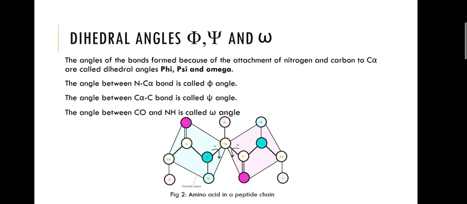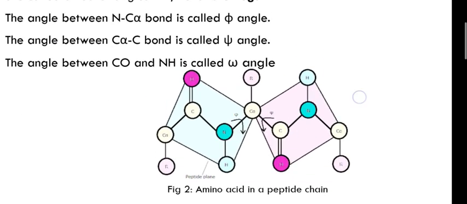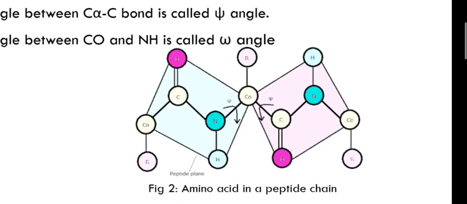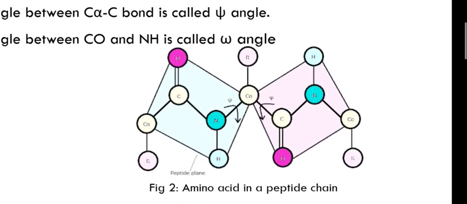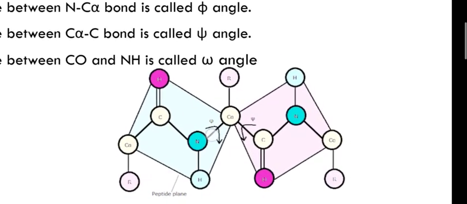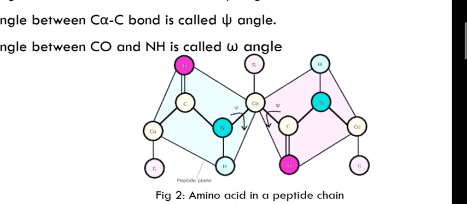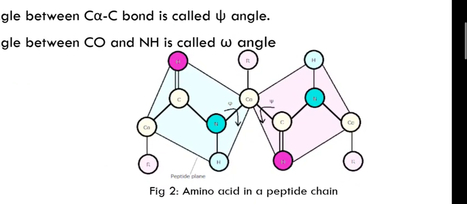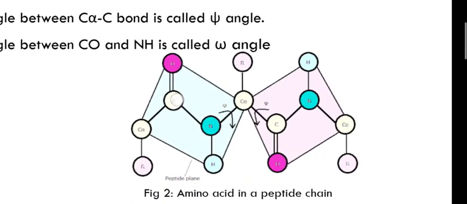Coming to the dihedral angles, the dihedral angles are the angles which are formed due to the bond formation of the carbon and nitrogen atoms to the C alpha, and also to this carbon atom.